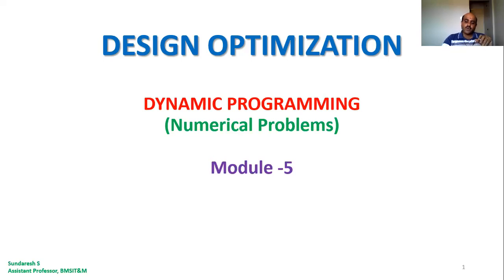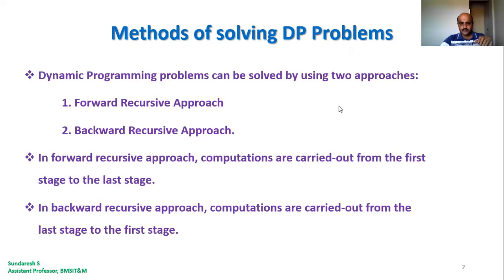Okay, so before going to solving the dynamic programming problems, we are going to start with the methods of solving them. There are two approaches we generally employ. One is called the forward recursive approach, and the second one we call the backward recursive approach.